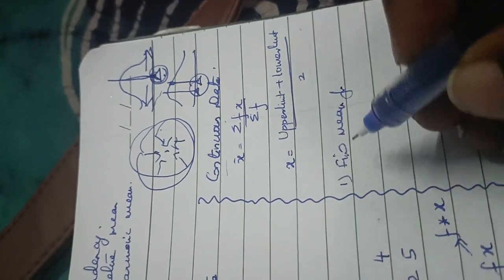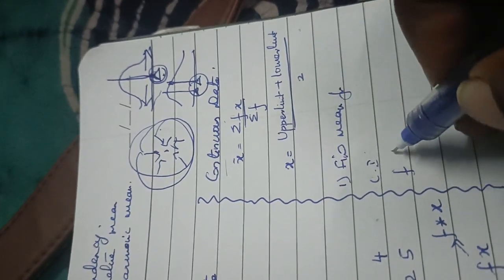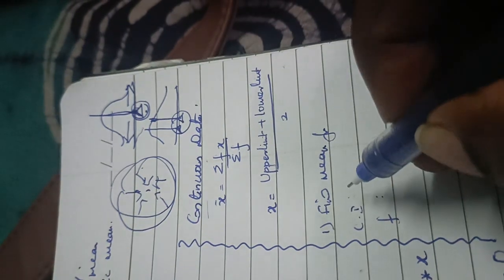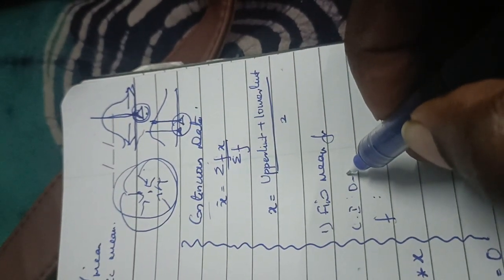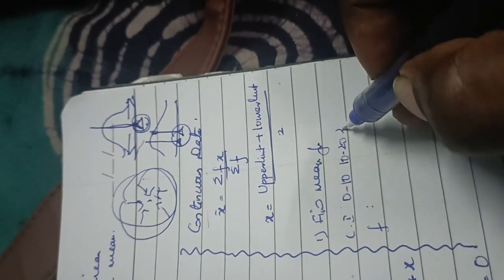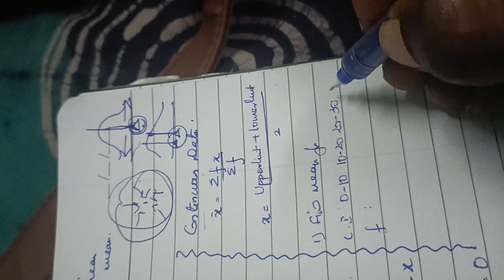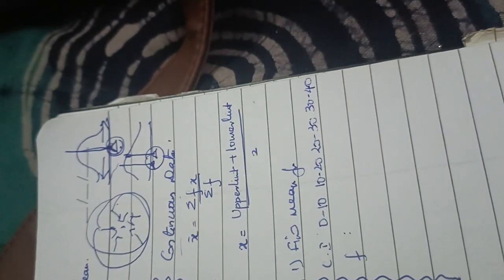I will see the question, then we'll see, because it's continuous data. How do we find the mean for continuous data? Find the mean for class interval and frequency. Because I don't have much space, I'm going to keep a very small problem. So here we have 0 to 10, 10 to 20, 20 to 30, 30 to 40. Now please look at the question.